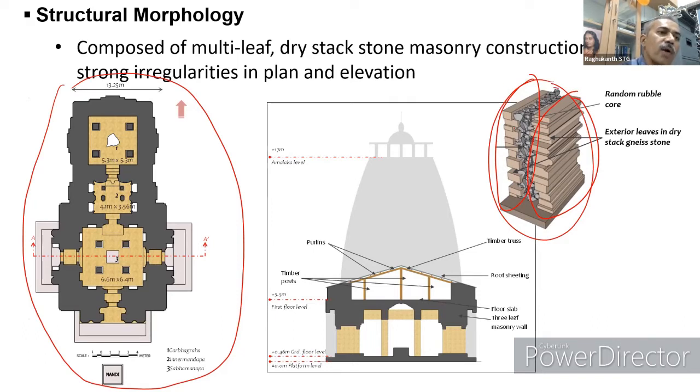This gave good insulation, so for the people sitting inside the temple, it would be warm. Now, during this flood, because water gushed in, the random rubble between these walls got washed away with the flood.